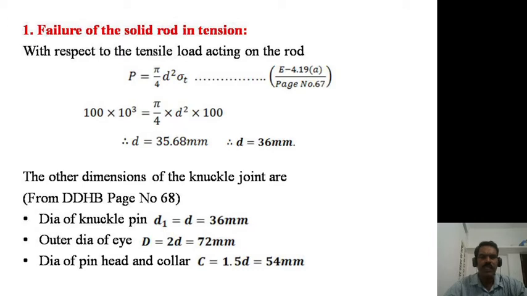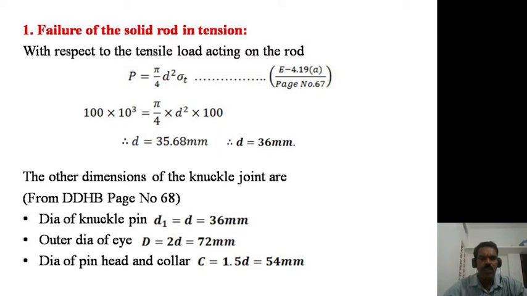Okay, so next the other dimensions of the knuckle joint are by referring the DDHB. Diameter of the knuckle pin, that is small d1, should be equal to small d. Therefore small d1 is equal to small d, which we have already found out, that is 36 mm.